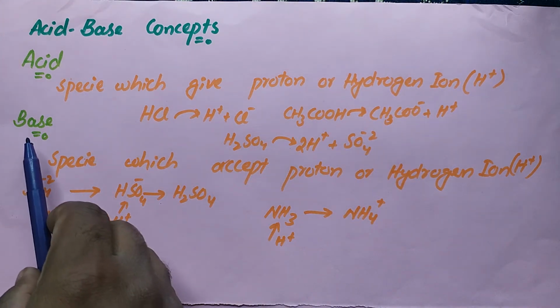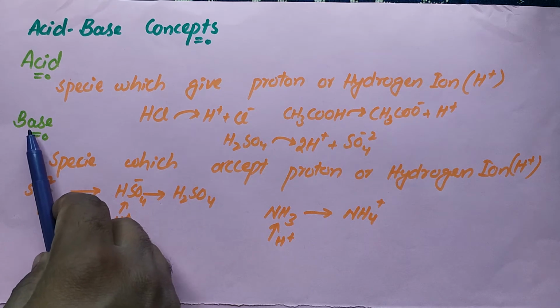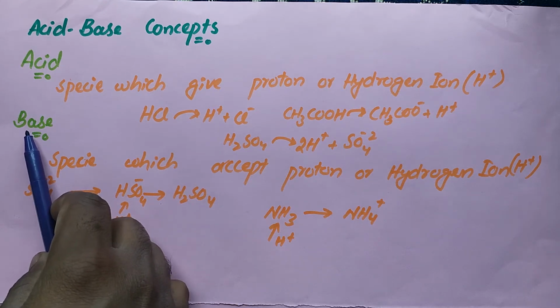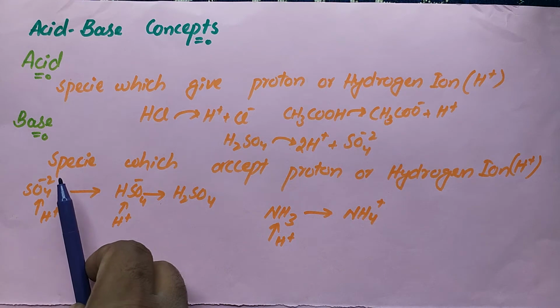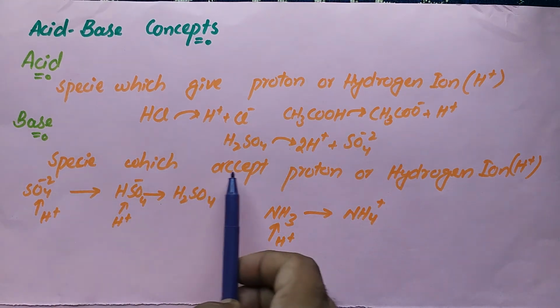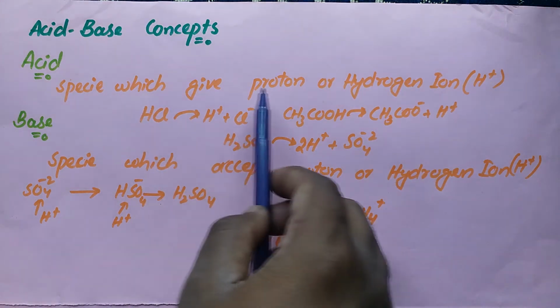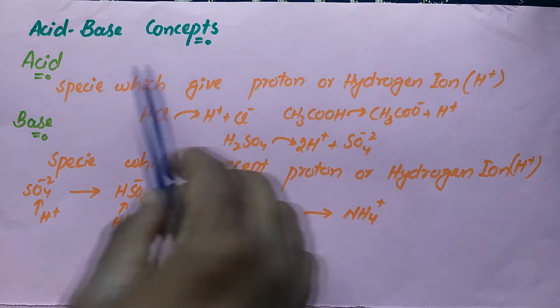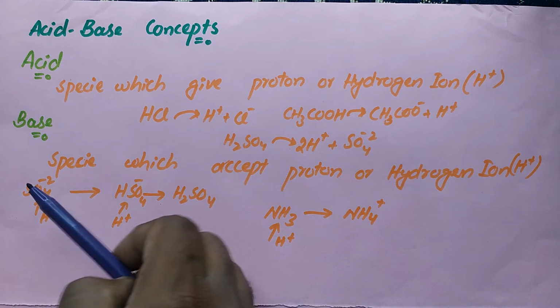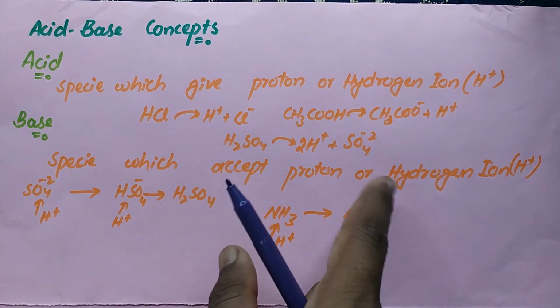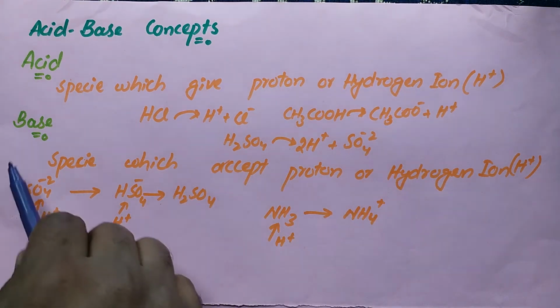Okay, then we move on to the next definition, that is base. Base is what? Species which accept proton or hydrogen ion. The species which give proton or hydrogen ion, that is called acid, and species that accept proton or hydrogen ion, that is called base.